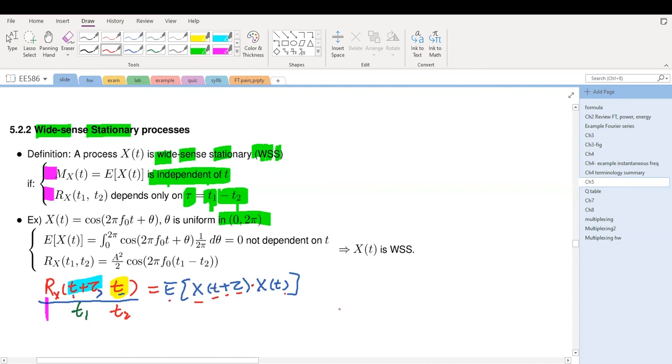If the random process is stationary, it is a function of, say, g of (t plus tau minus t), which equals g of tau. Because for a stationary process, the autocorrelation depends on the difference of the times t1 minus t2. So this is t1, this is t2, and we take the difference, which is tau.